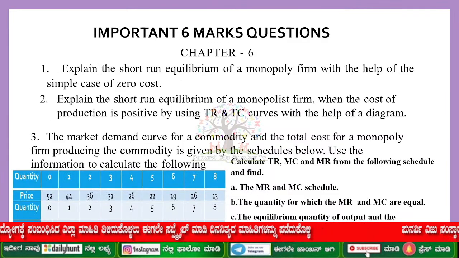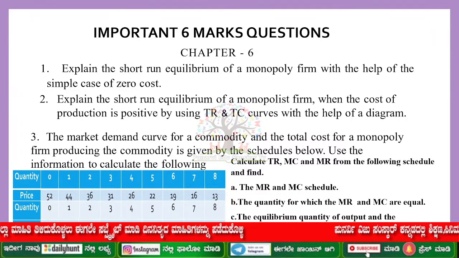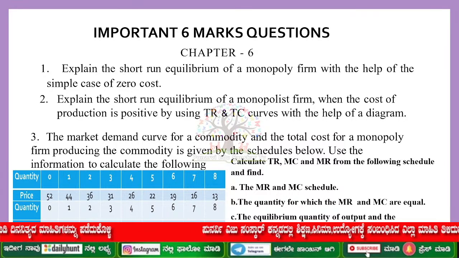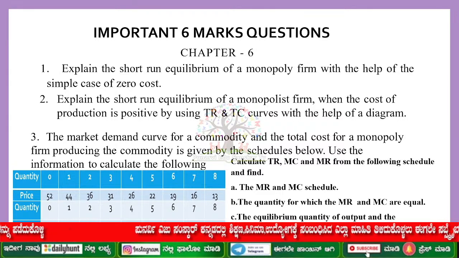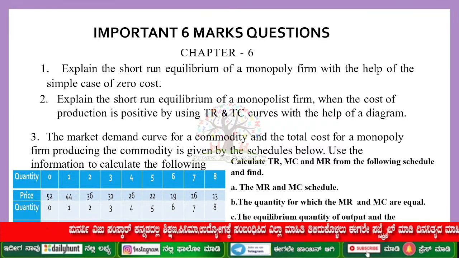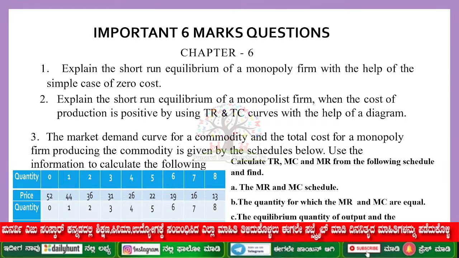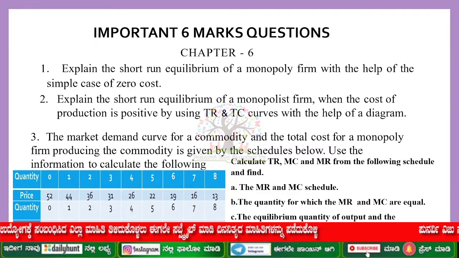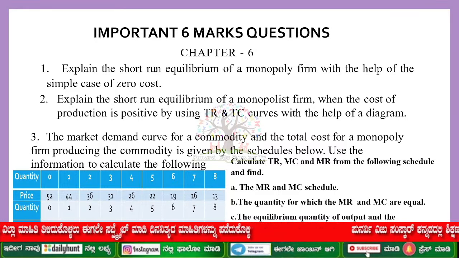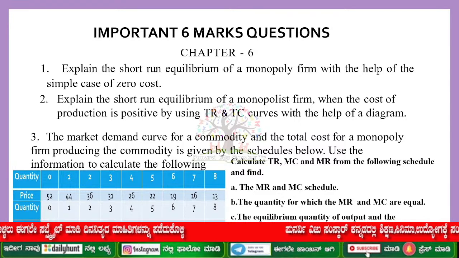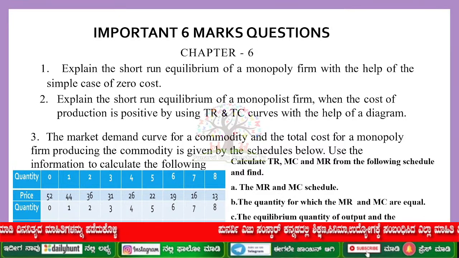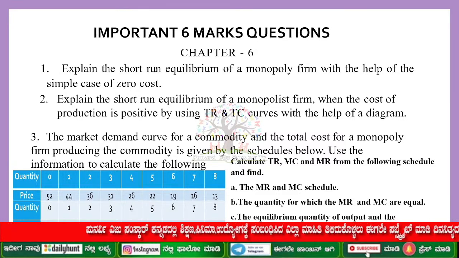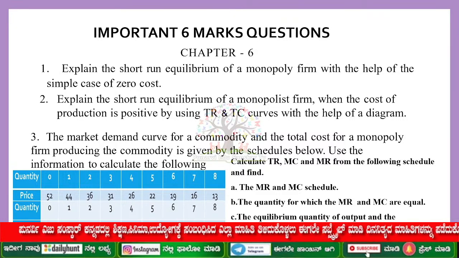And from the 6th chapter also, you can expect one 6-mark question. From this chapter, there are 3 important questions. First one is short-run equilibrium of a monopoly firm with the help of the simple case of zero cost. And one more question, that is short-run equilibrium of a monopolist when the cost of production is positive, using TR and TC curves with the help of a diagram.